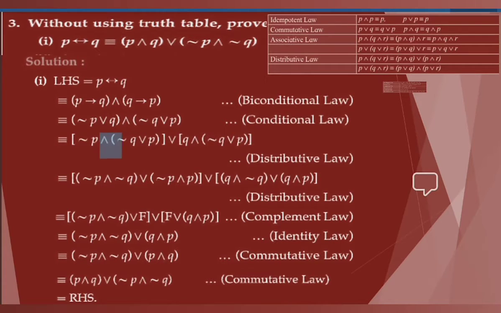This is P and this is Q and R. Here negation P and Q or negation P and P, Q, negation Q and P. Similarly, this R write as it is, and this Q and negation Q, and again this Q and P. This is the distributive law.